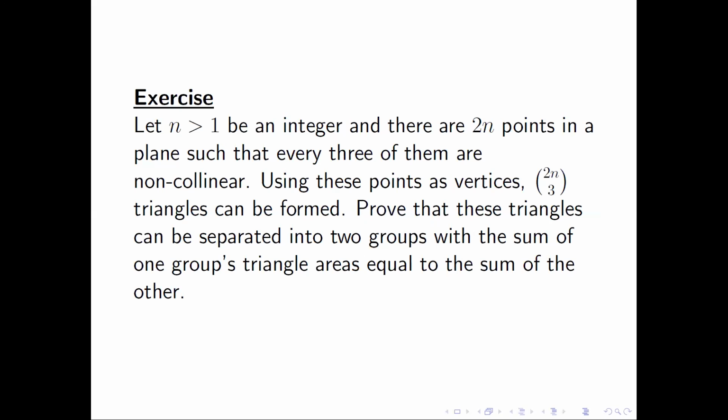Prove that these triangles can be separated into 2 groups with the sum of one group's triangle areas equal to the sum of the other. This is very similar to the problem we just discussed. Actually, I prepared several similar problems for the committee to consider. They chose that one. And actually, this one is my favorite.